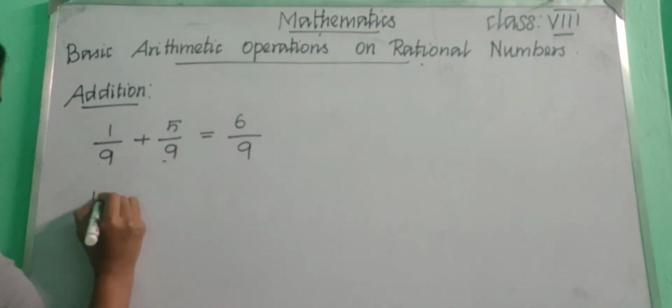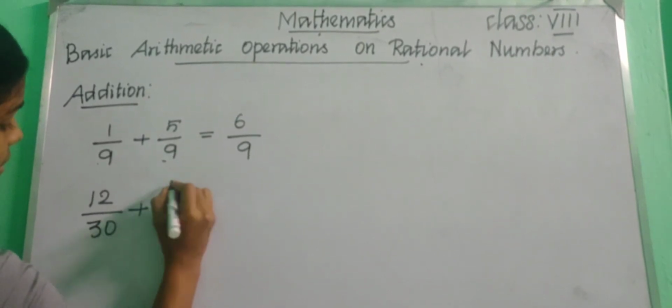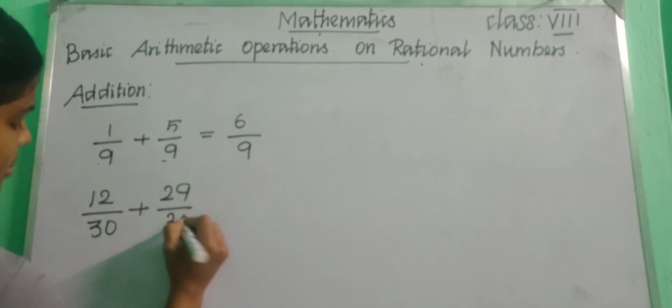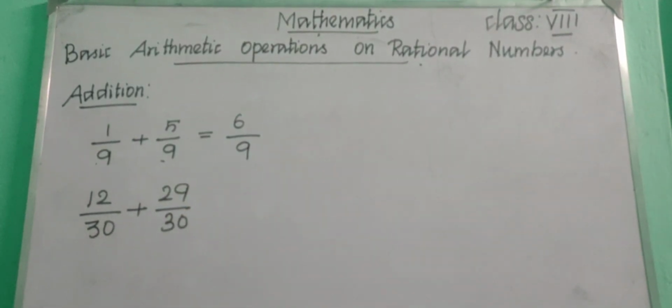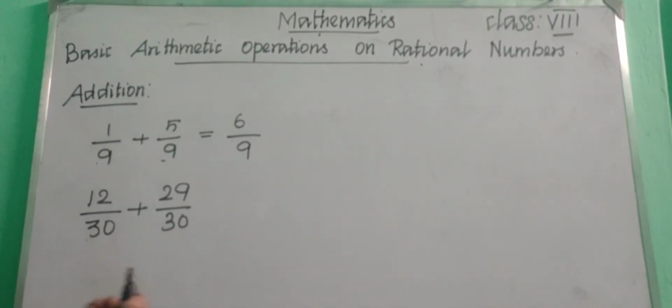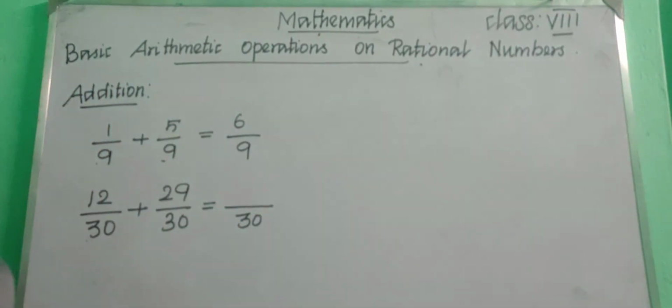Okay, so if you are having 12 upon 30 plus 29 upon 30. So what we need to do? So simply we are having same denominators, right? So that what we need to do? Simply we can write the same denominator, and just add only the numerator.